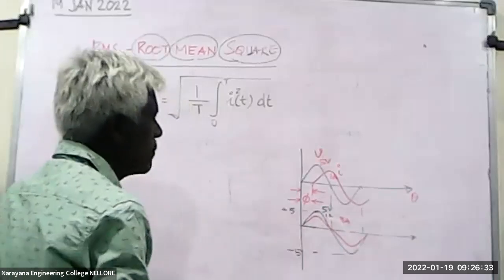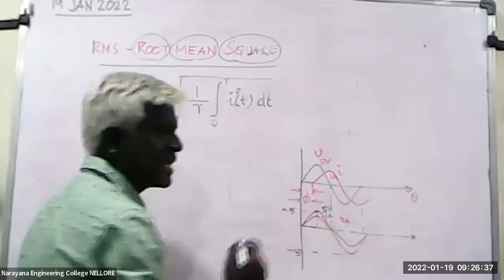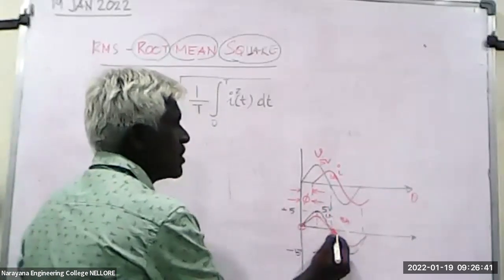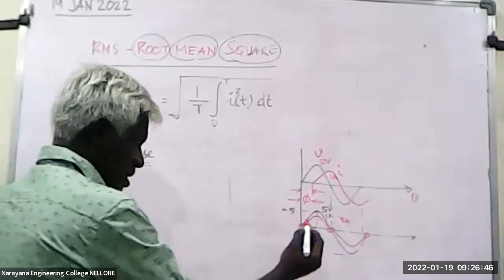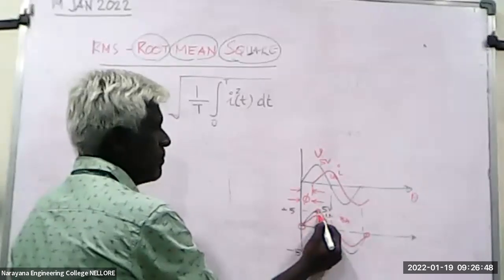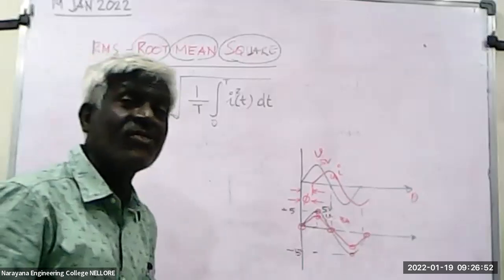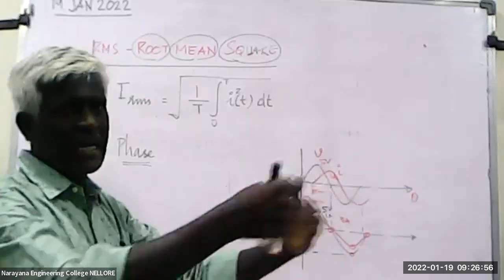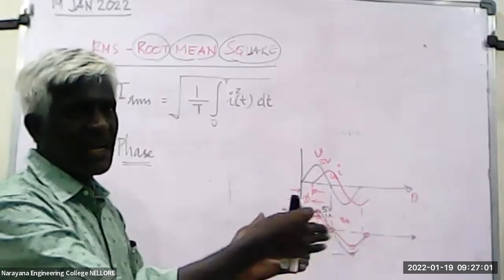Now you see these 3 amps and this 5 volt are at the same time. They reach 0 at the same time, again the next 0 also at the same time. The peak value is also at the same time, and the negative peak also at the same time. It means that they are in phase. They go together. There is no delay or advancement in their positioning.